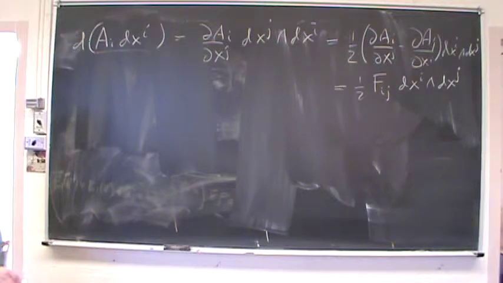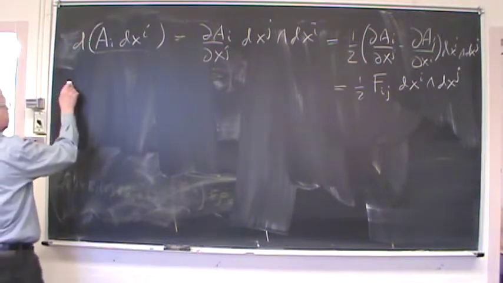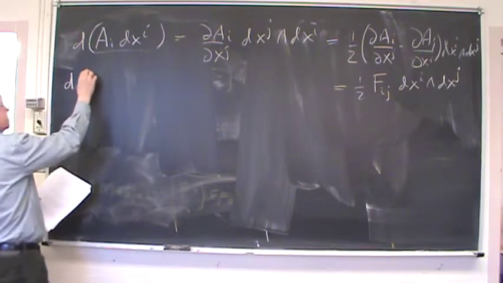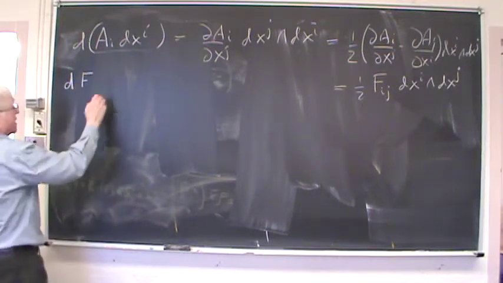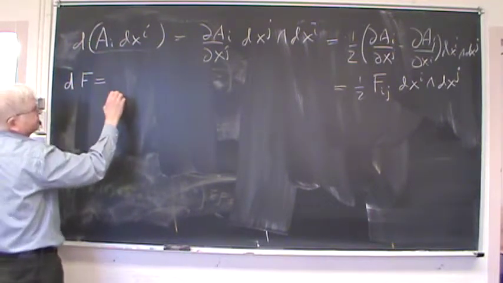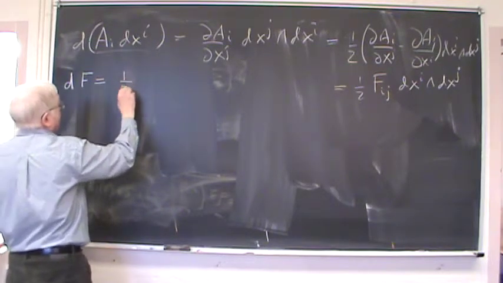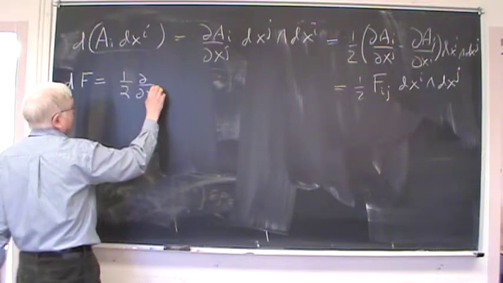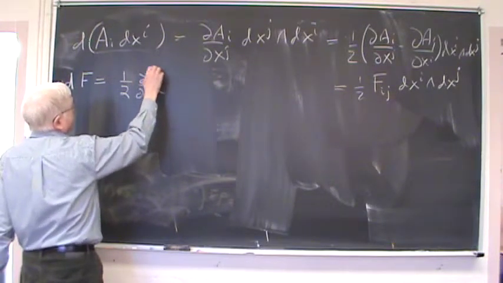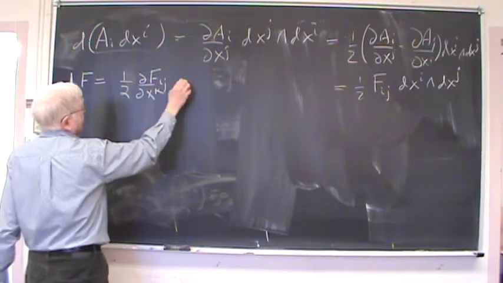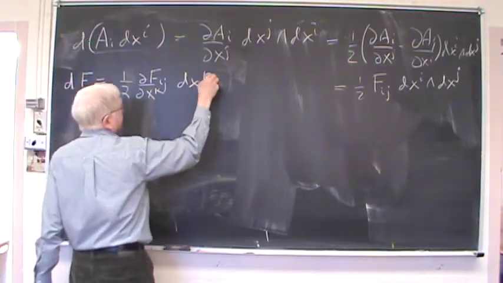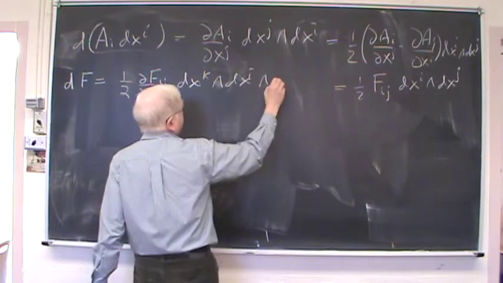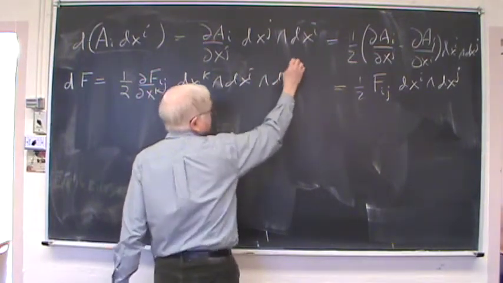And now suppose, what happens if we do this again? Suppose we just do dF. Well, this would then be 1/2 partial x^k F_ij dx^k wedge dx^i wedge dx^j.